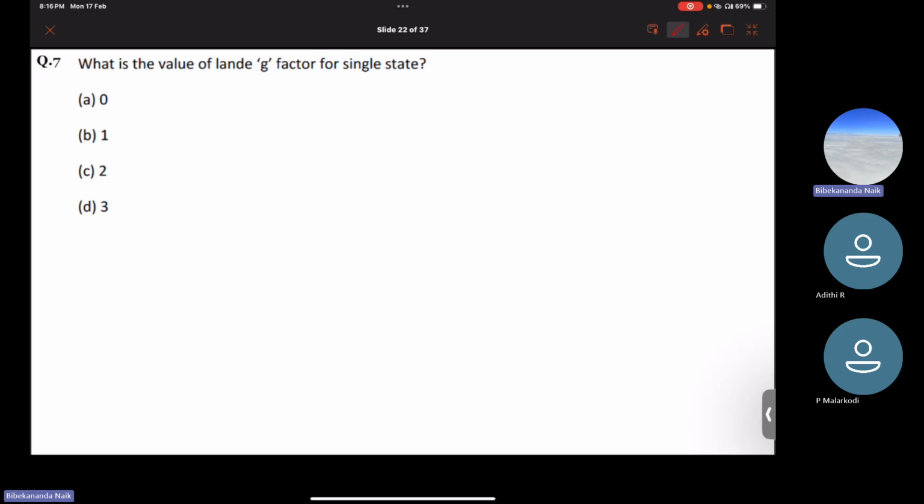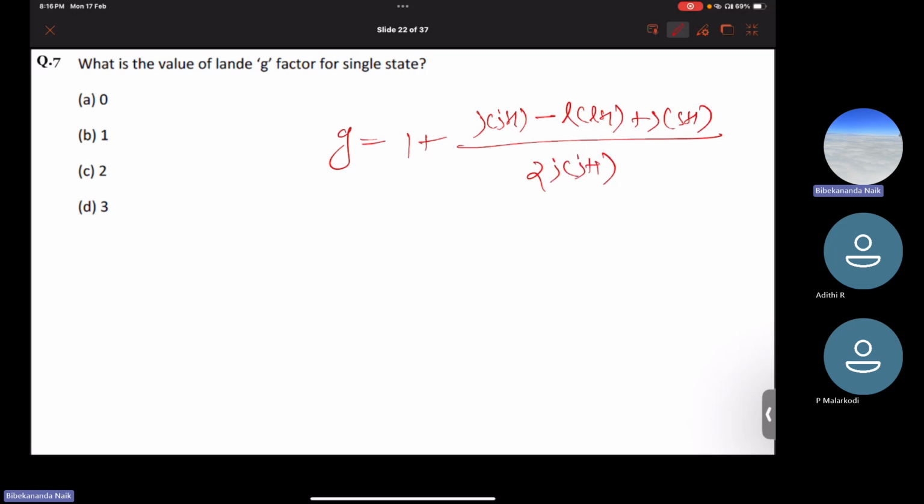The Landé g factor is related to a formula that we have; for each and every state we have a particular value of Landé factor because all states have different values of L, S and J. That formula is 1 plus J into J plus 1 minus L into L plus 1 plus S into S plus 1, divided by 2 J into J plus 1.